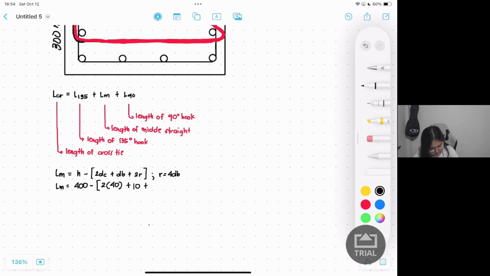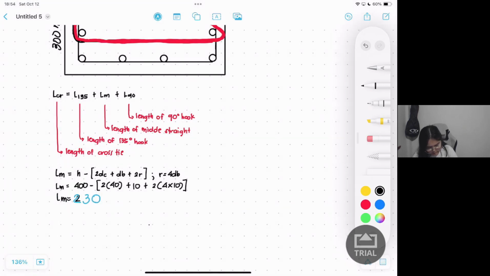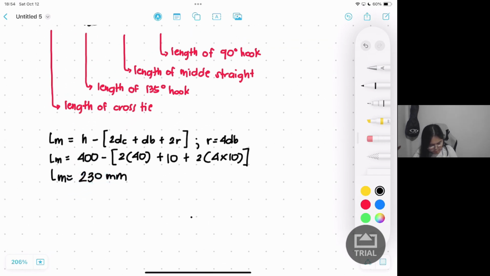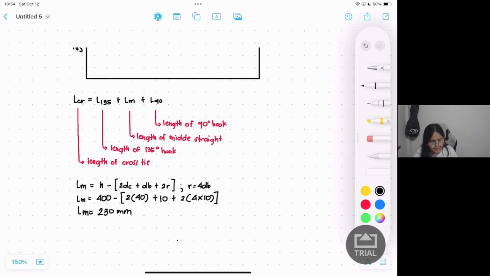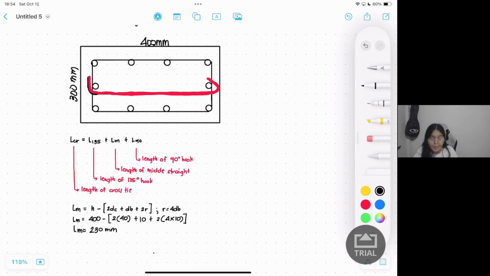Plus 2 na 4 times 10. So, kapag i-compute nyo yan, ang makukuha nyo ay 230 mm. Ayan. So, may value na tayo for the middle length, yung straight middle na bar natin.